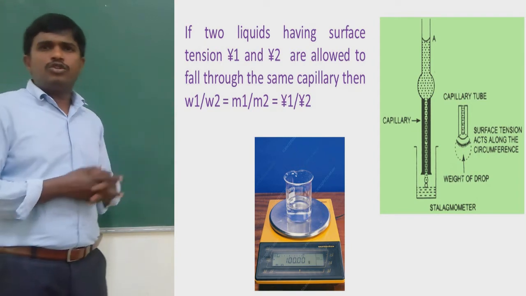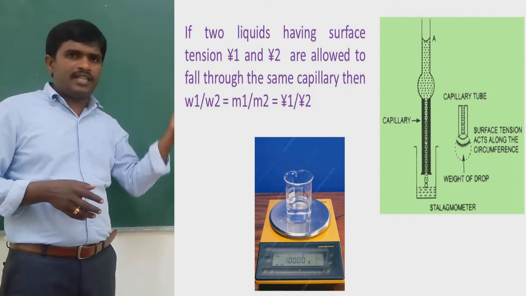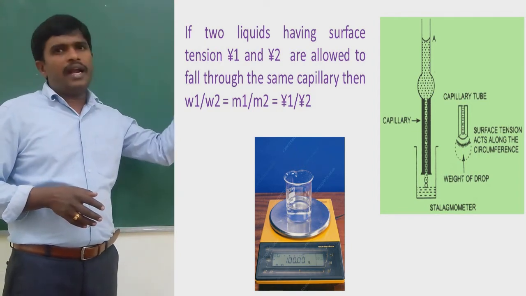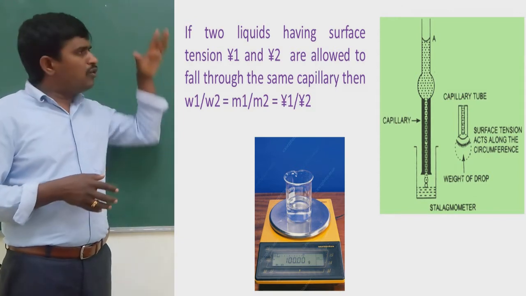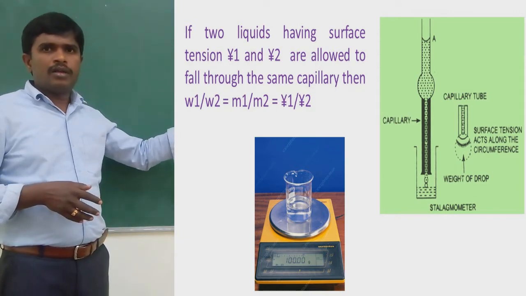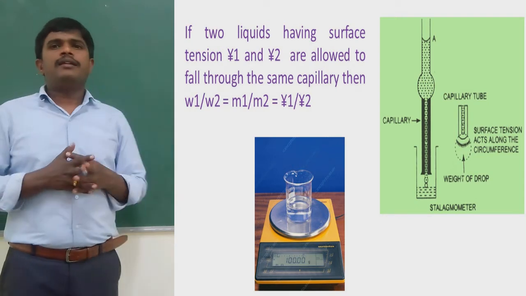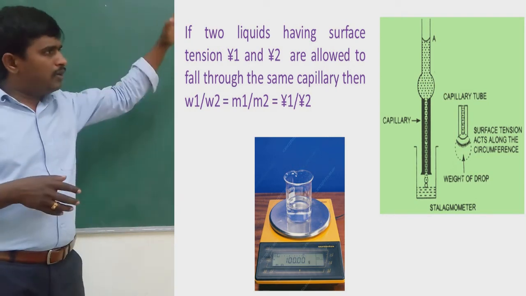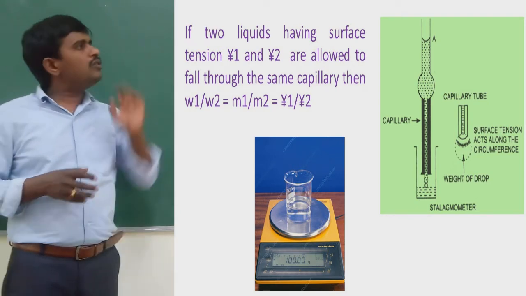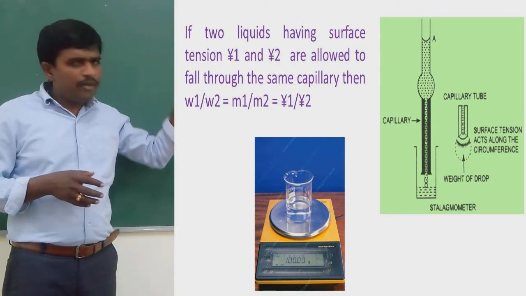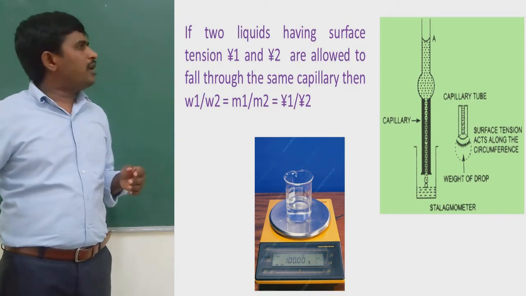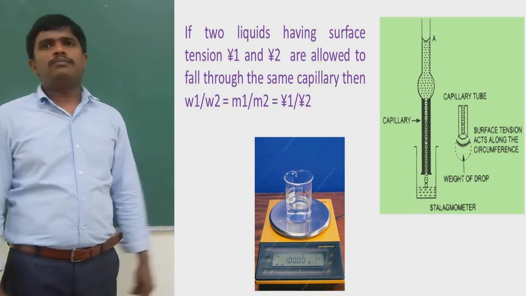If two liquids having surface tensions gamma 1 and gamma 2 are allowed to fall through the same capillary, then the relation is W1 by W2 is equal to M1 by M2 is equal to gamma 1 by gamma 2.